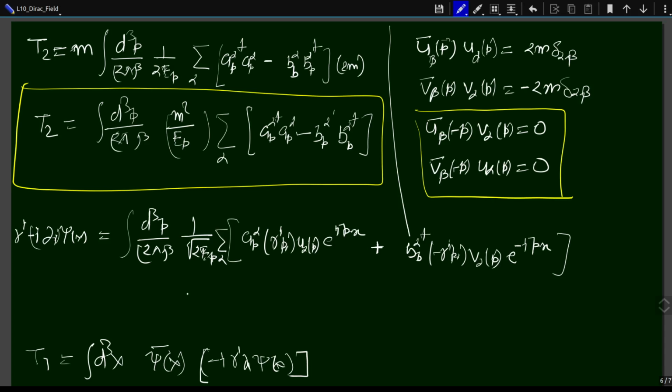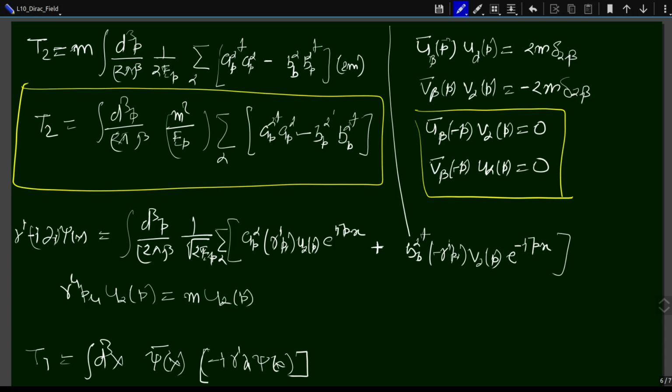But from the Dirac equation, what I know is gamma^mu p_mu acting on u^alpha(p) is equal to m times u^alpha(p).